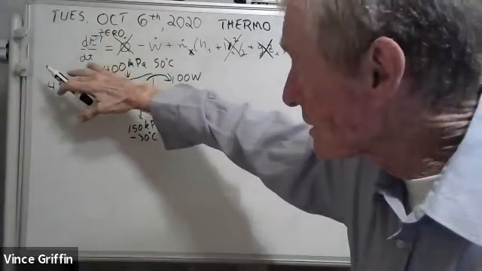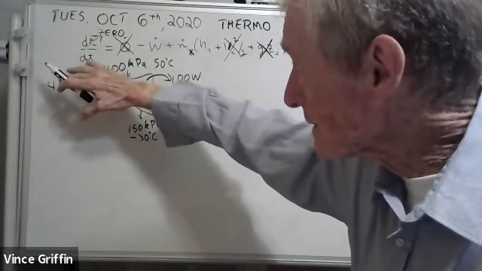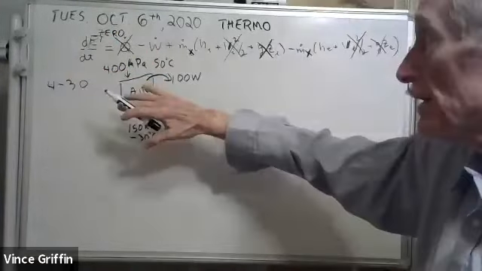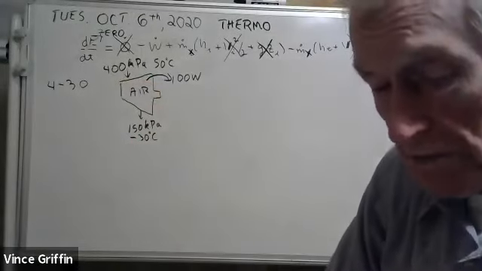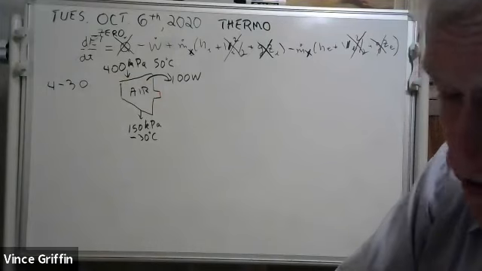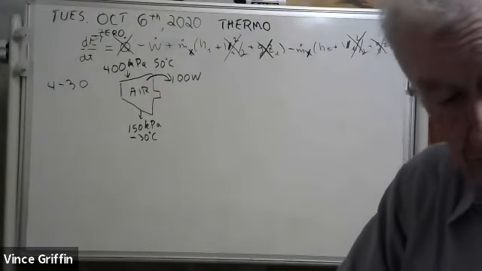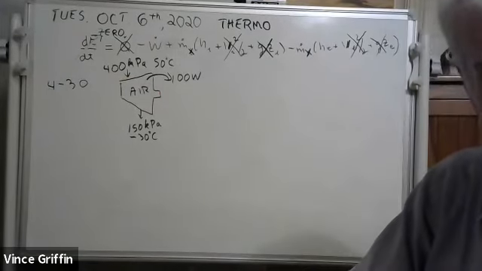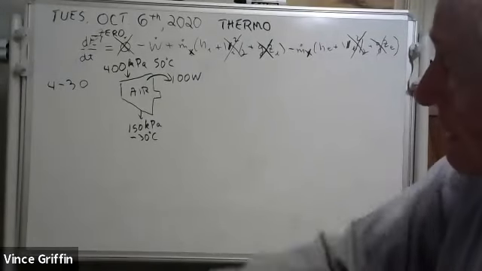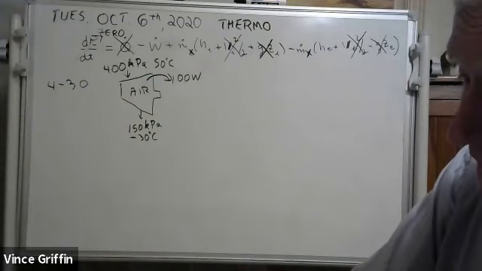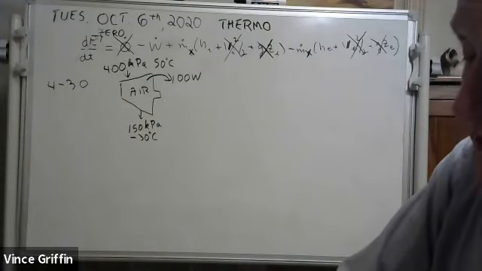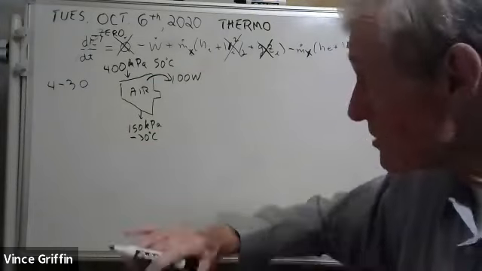See, this is a derivative with respect to time. And you see that 400 kilopascals? The whole time the dentist is drilling your teeth, that's still 400 kilopascals. It's not changing any. At 50 Celsius, it stays the same. None of the properties change with time. Now they change with location.